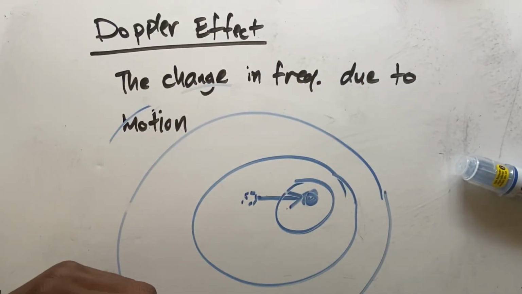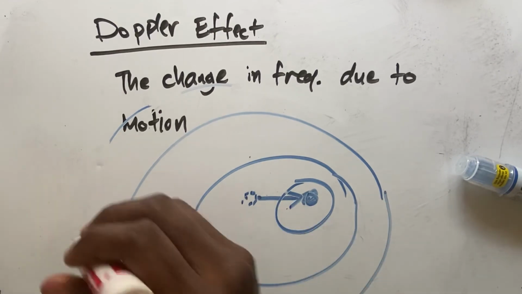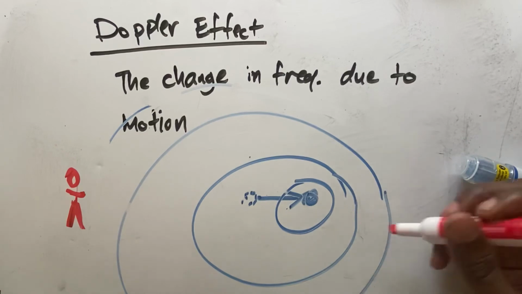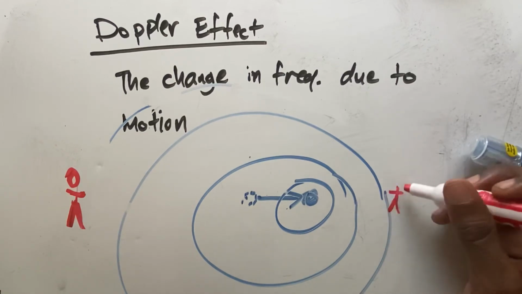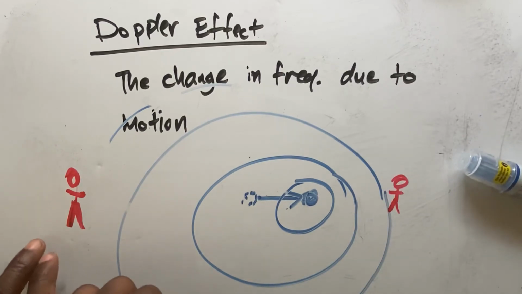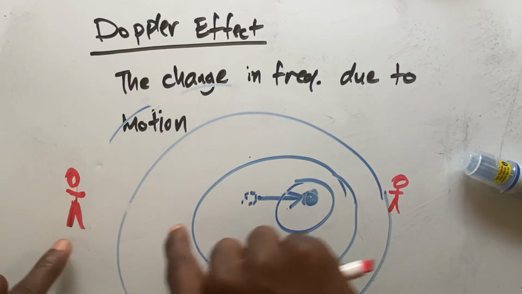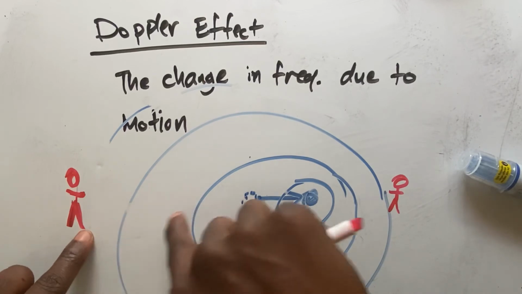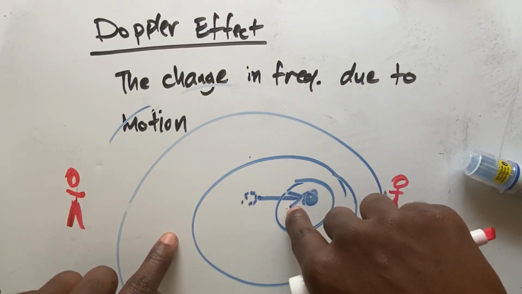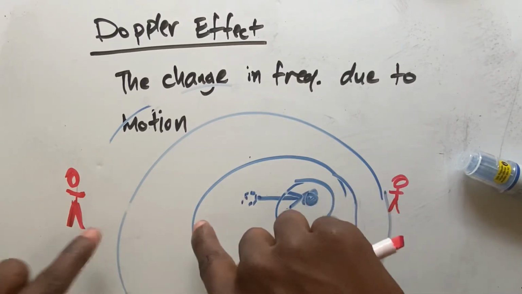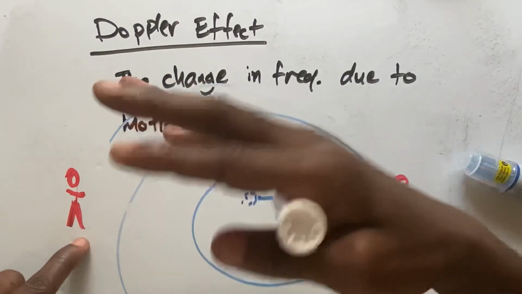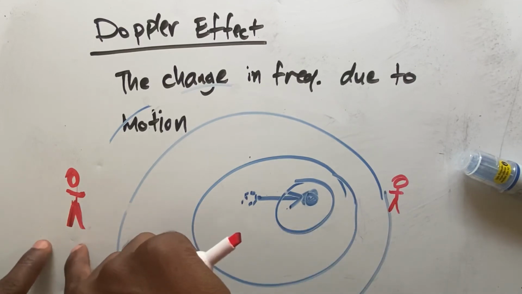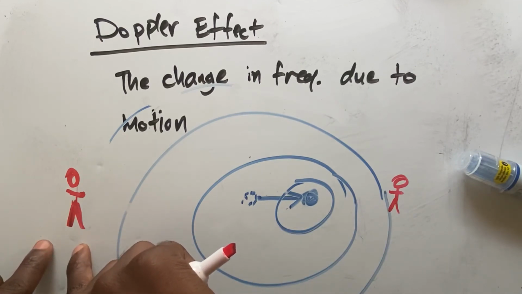So you can imagine if you were over here versus right here. If you're back here, this is the frequency of the waves that you're going to feel. They're much more spread apart, right? Since they're spread apart, the waves are stretched out back here, and so you're going to hear a lower frequency.